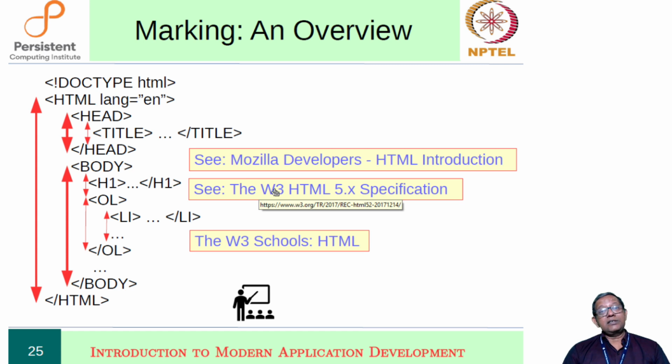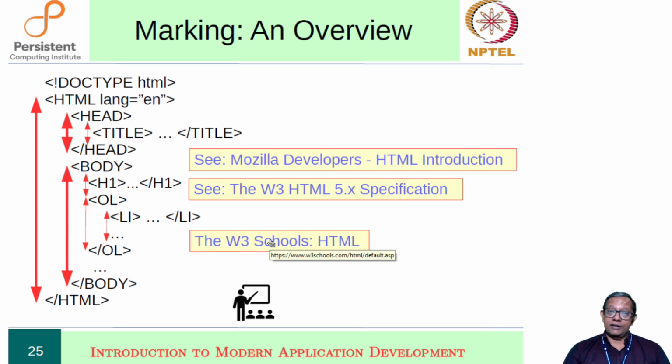This is an organization that defines the standards for the web of various kinds, including HTML, CSS, and so on and so forth. There are a number of online tutorials also available. One of them is the one that we have mentioned over here, which you can use to know which are the other tags and how to use them.